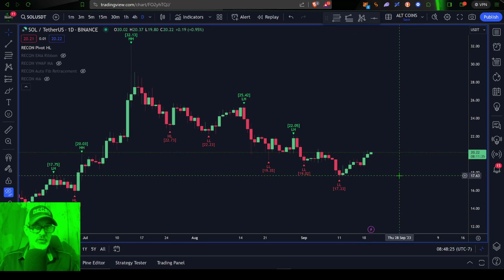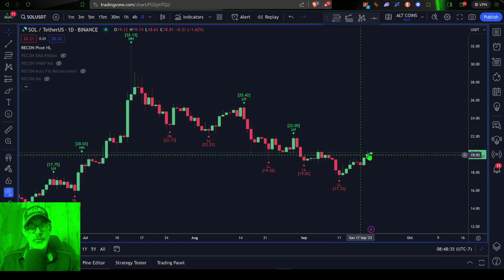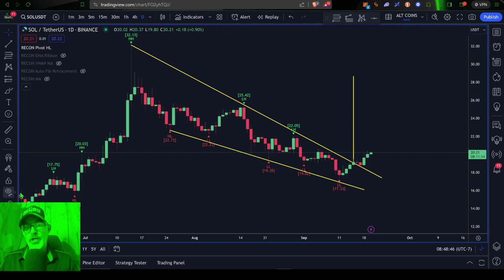So before you get too bullish and think that the price is about to pump, this is a key battle for the bulls to win and break through this area of resistance. Now, with that being said, if we drop in our drawing tools, we can see what we have been watching for quite some time now is SOL's price trading within this wedge.